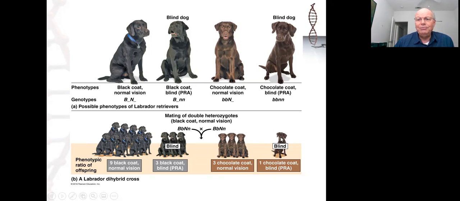And then unfortunately, one individual is going to show the double recessive, chocolate and blind. So it does actually follow Mendel's patterns of inheritance. We have many examples of how this will work. This happens to be the one that the book has chosen to create that connection back to our ongoing theme of dog characteristics and dog breeding.